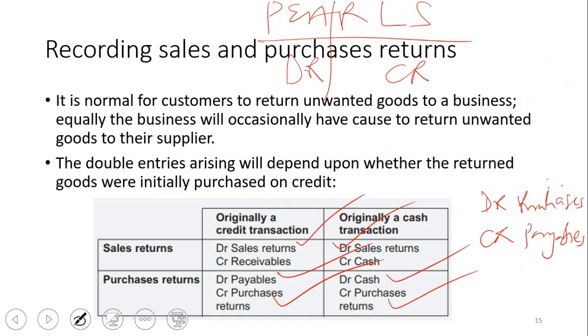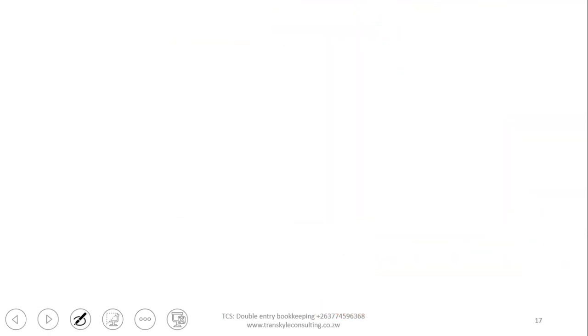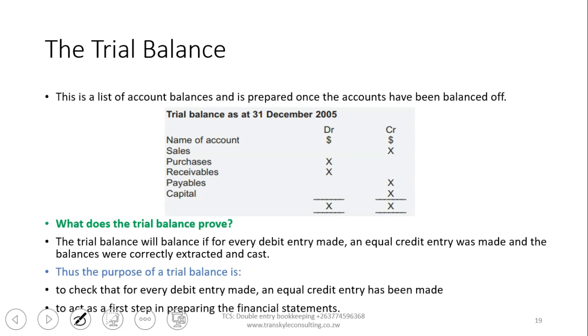This is what is being illustrated here, and this was a credit transaction, so the applicable entry is this one. Okay, we can move forward, ladies and gentlemen.